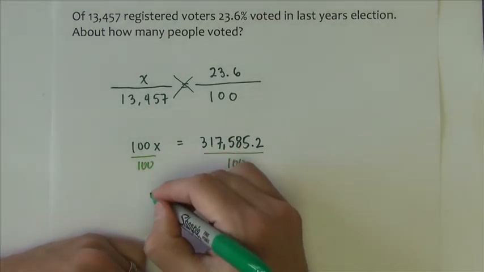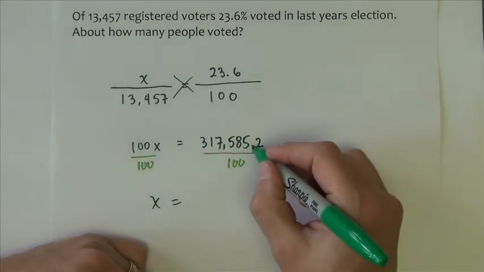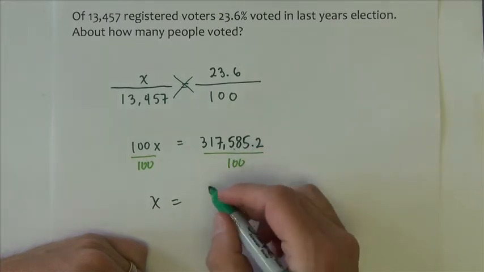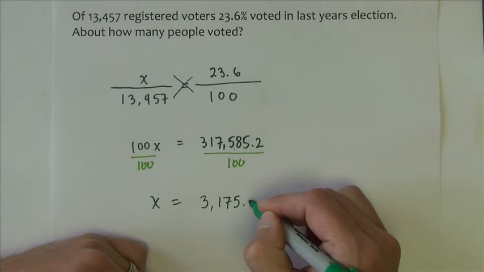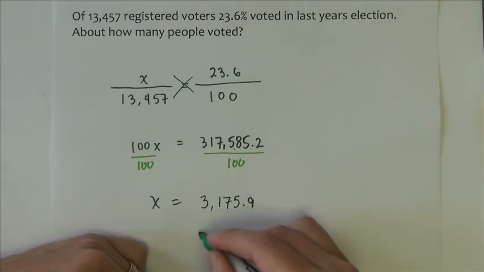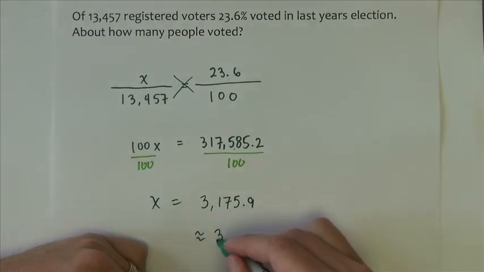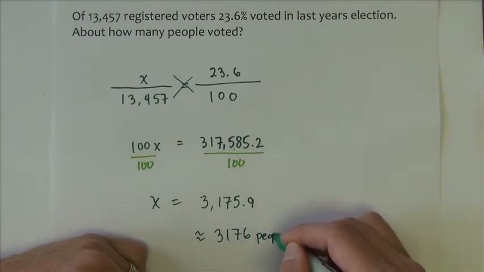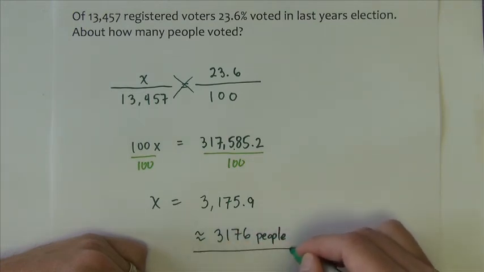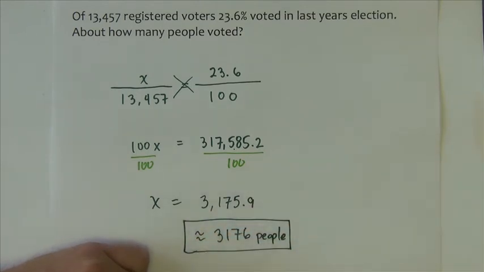If we divide this by 100, we get x equals, that's just going to move the decimal point 2 places, 3,175.9. So I would say about 3,176 people. And that's how many of our registered voters actually voted.